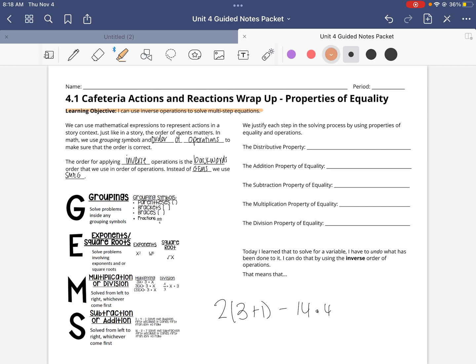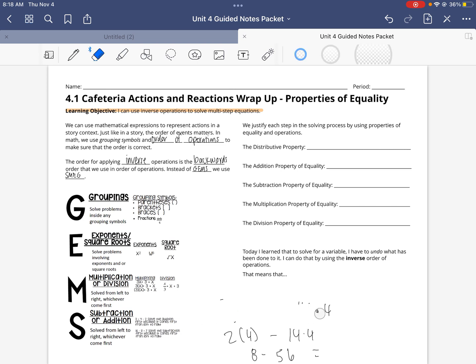So very first, we would do the 3 plus 1. So that would be 2 times 4 minus 14 times 4. Then we can multiply. So 8 minus, oh goodness, I don't even know what that is. I think 56. And then you could do the subtraction. That's the order we would do that in.